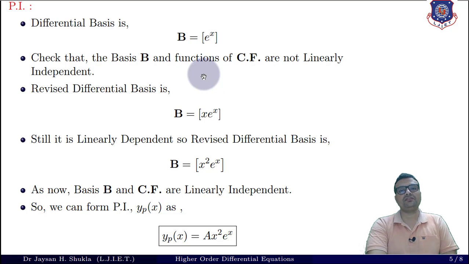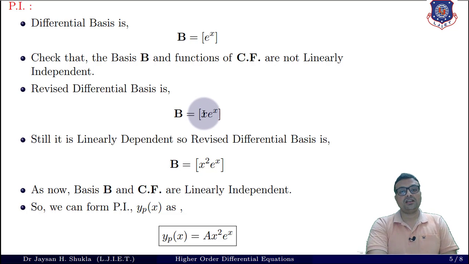The rule to revise the differential basis is to multiply each and every element of this set by the free variable x. So here I multiply e raised to x with x. Then again I will check whether there is any repetition between this new basis and the complementary function.